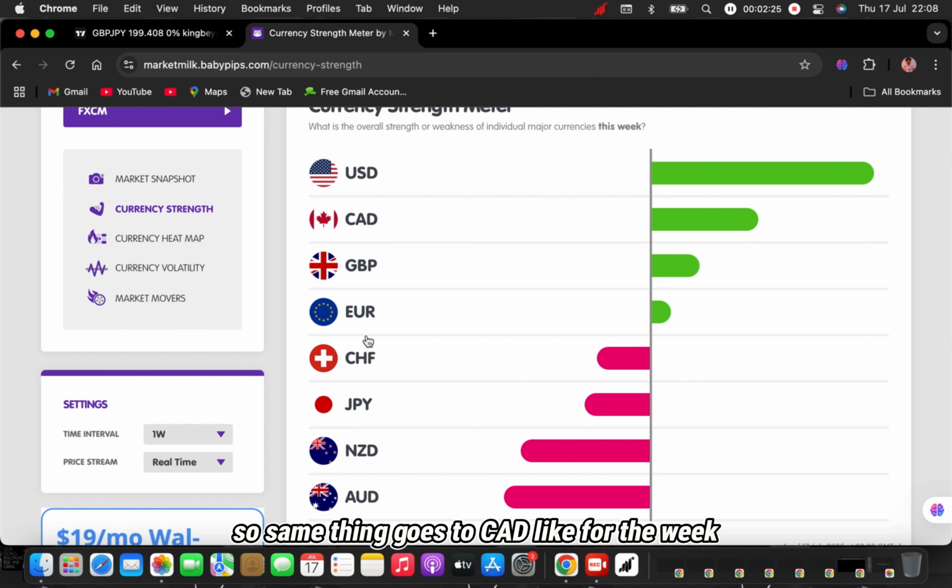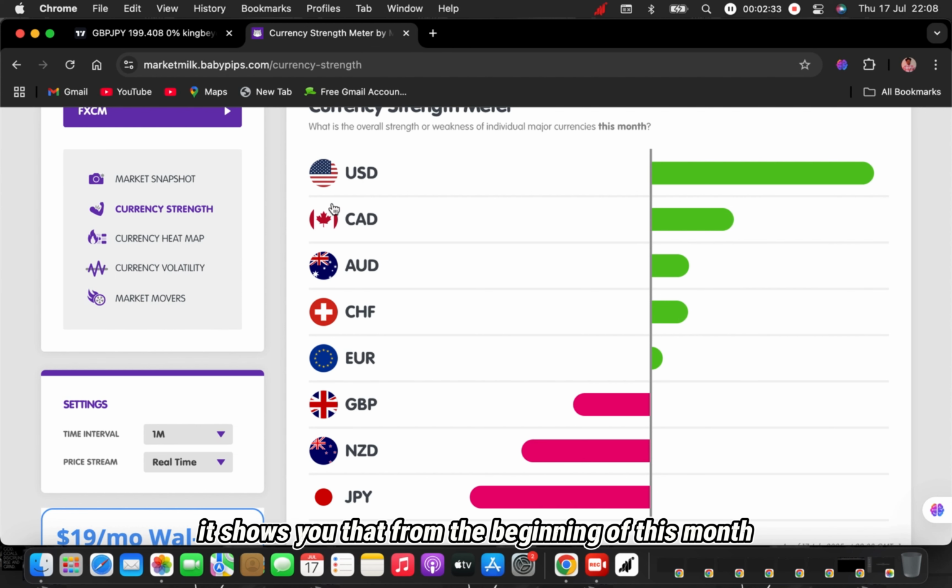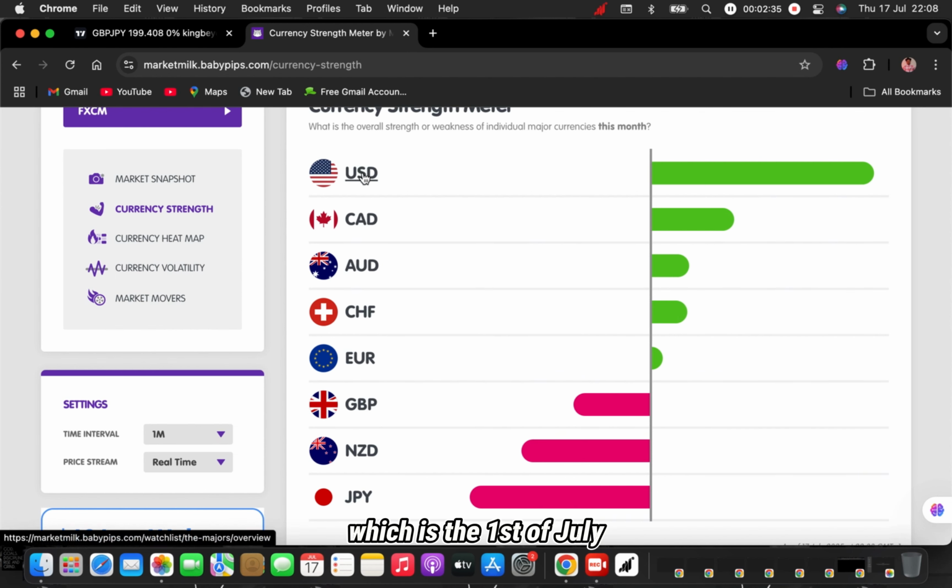Same thing goes to CAD for the week. Look at it, this is 1 week. When you go to 1 month, it shows you that from the beginning of this month, which is the 1st of July, US dollar has been strong, while Japanese yen JPY has been the weakest against all the major currencies.